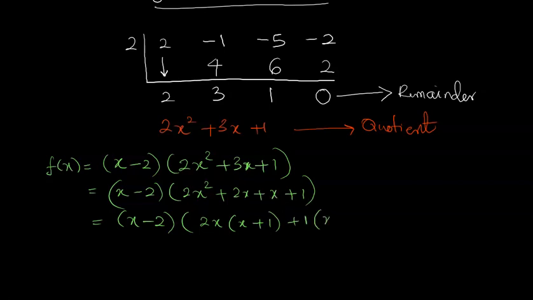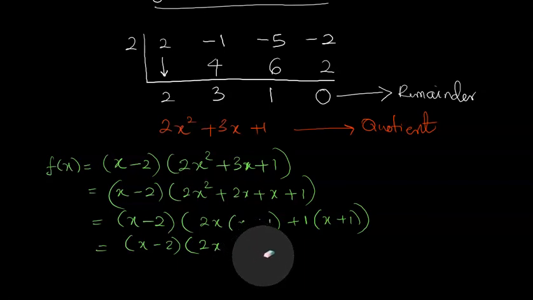That's 1, x plus 1. So we have x minus 2, 2x plus 1, x plus 1. So this is the factorized form.